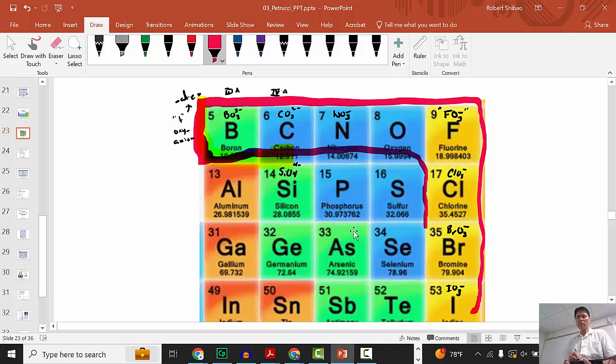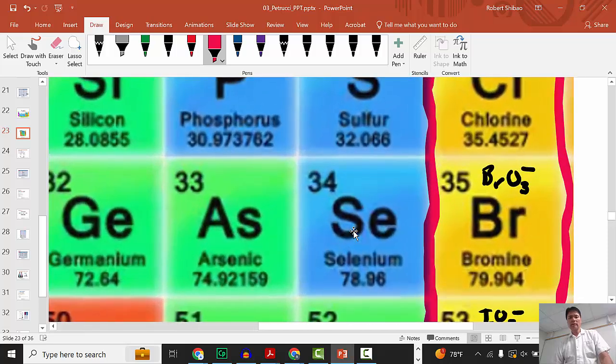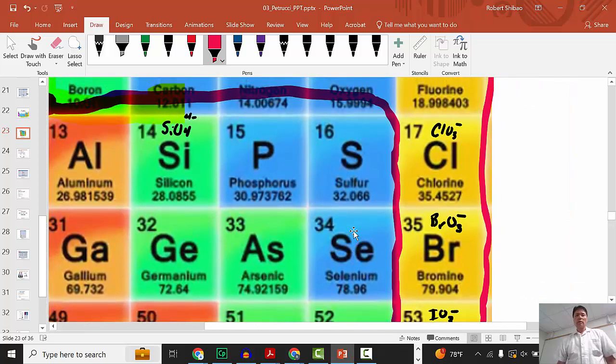All right, there's an outer pattern with these, and then there's an inner pattern. So let's take a look at the inner pattern here, starting with silicate. Okay, if silicate is SiO4 4 minus, what would you guess phosphate is? PO.